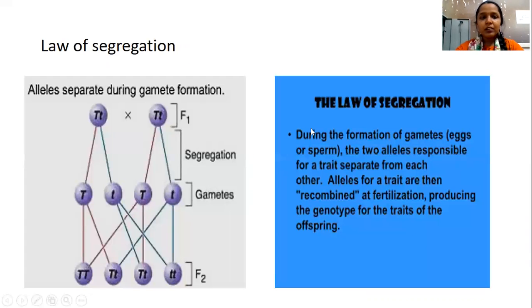Well, I told you in my last video how he had considered the characteristic features. So he had taken certain parameters before even beginning the experiment with the pea plants.